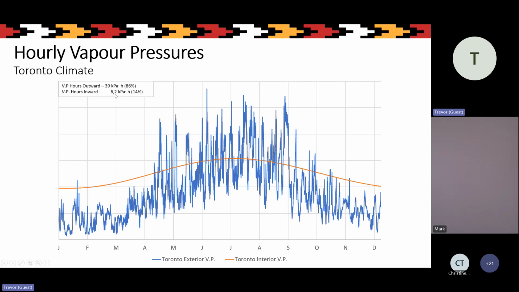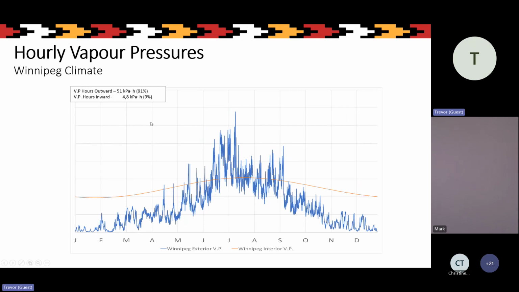That's about 14% of the year where the vapor is trying to flow from outdoors to indoors. And so this starts to have implications on what we use as vapor barriers, where we put them, and how effective they are.